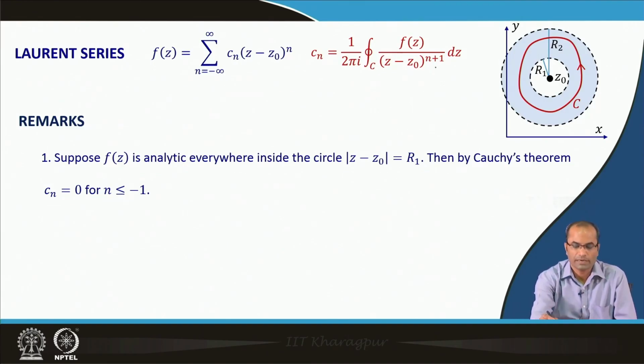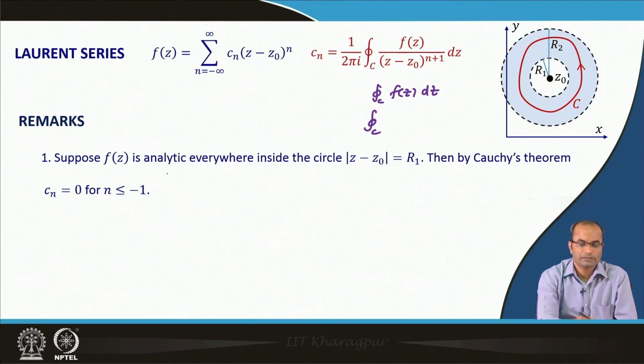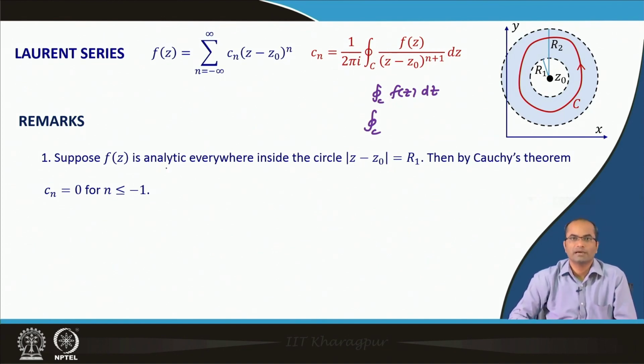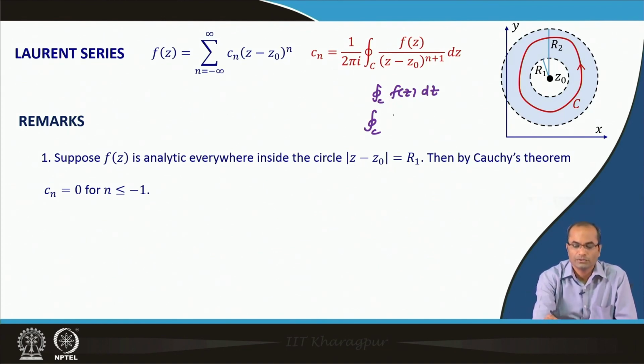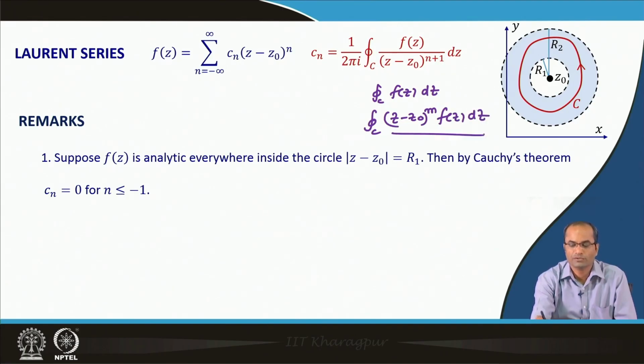In case n is minus 1, the integral will be f(z) dz, and when n is less than minus 1, that is minus 2 or minus 3, we will have (z minus z0) to some positive power m times f(z) dz.